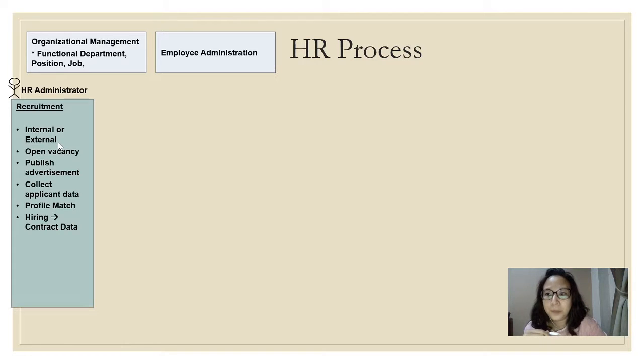So the first process of HR will be the recruitment, whereby the recruitment will be handled by the staff in the area of HR administrator. Okay, so the recruitment here is actually to find out who is the person who will be in the position and in the functional department.